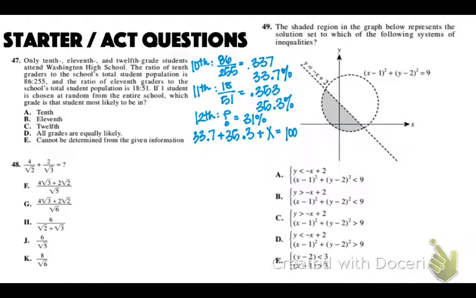Okay. So that means the biggest class is 11th graders. So if you choose a random student, you are most likely to choose an 11th grader.